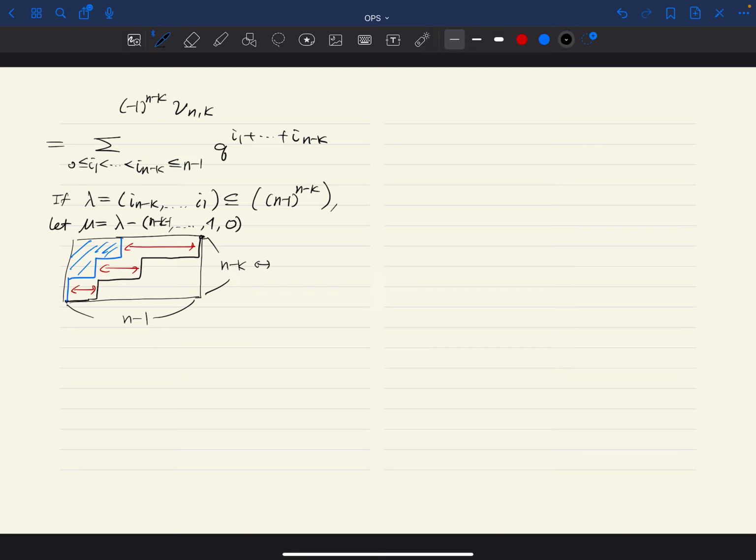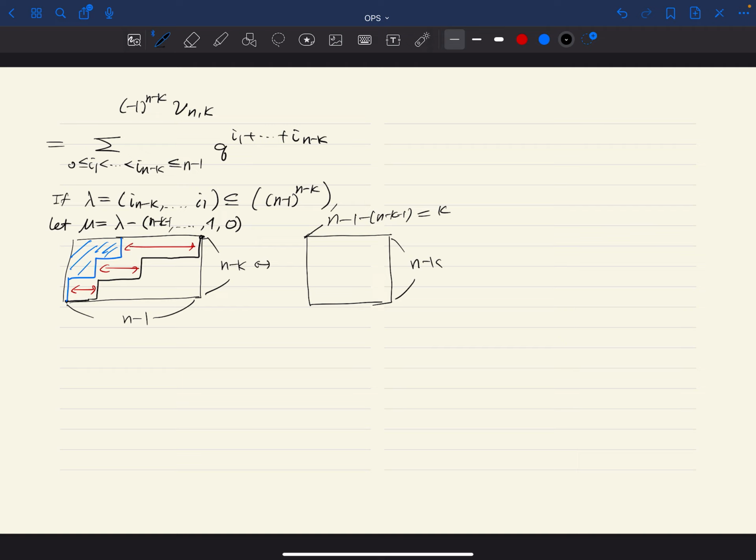So originally, we have this. We subtract this, then the red things, we still have the same number of rows, but this is n minus k minus 1. We subtract from there, so it's going to be n minus 1 minus n minus k minus 1, which is what?